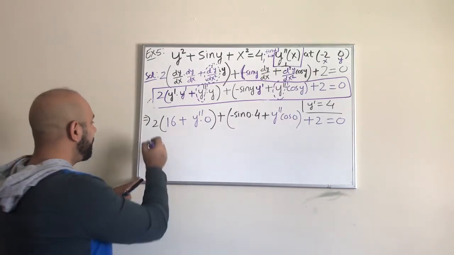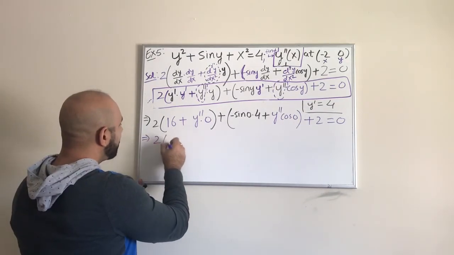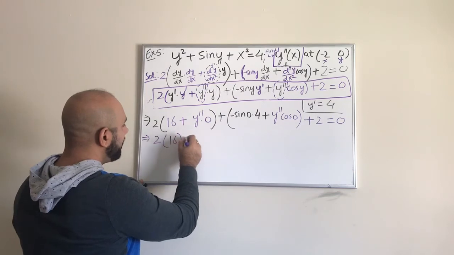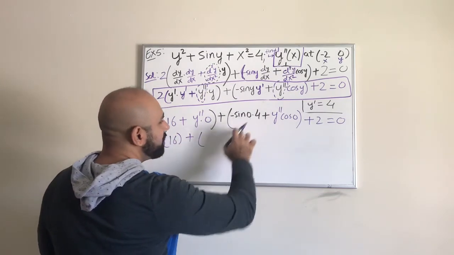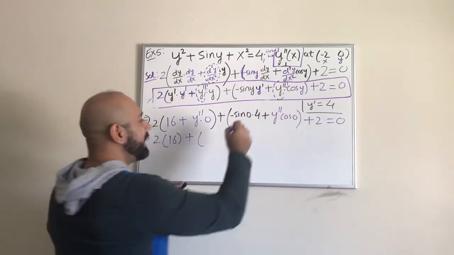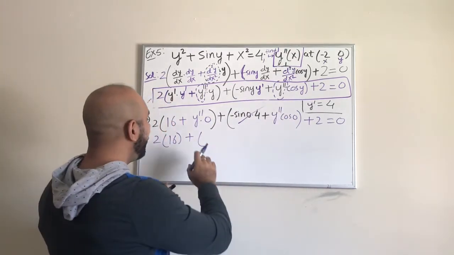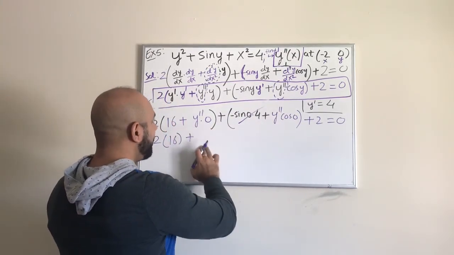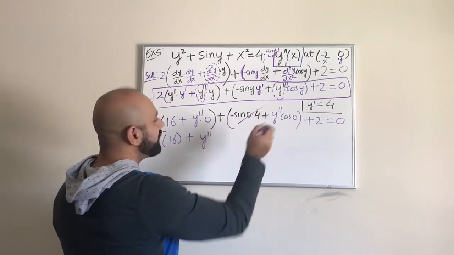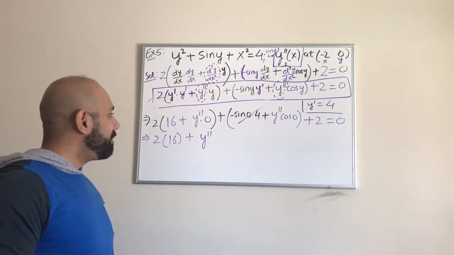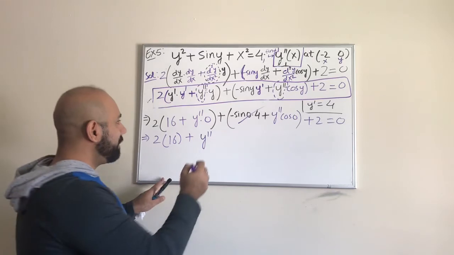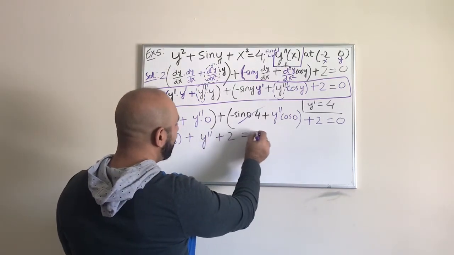Let's see what goes away. From here I have 2 times 16, plus sine of 0 is also 0, which means this whole term becomes 0, and I'm only left with y double prime, and cosine of 0 is 1, so it's just y double prime times 1, which is y double prime, plus positive 2 equal to 0.